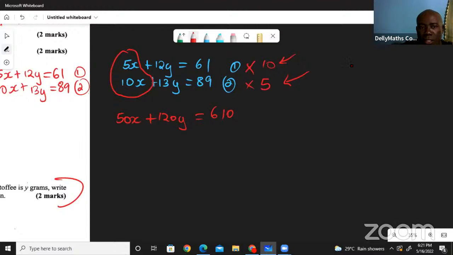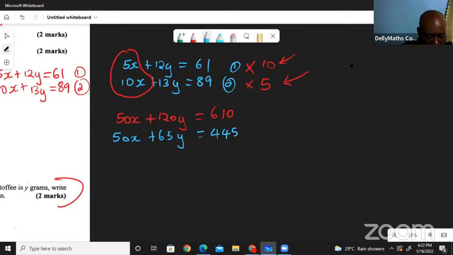Now let's go for the next one. 5 times the 10x gives me 50x, and then 5 times the 13 gives me 65y, and then 89 times 5, that is going to be 445, I believe. So there are my numbers.